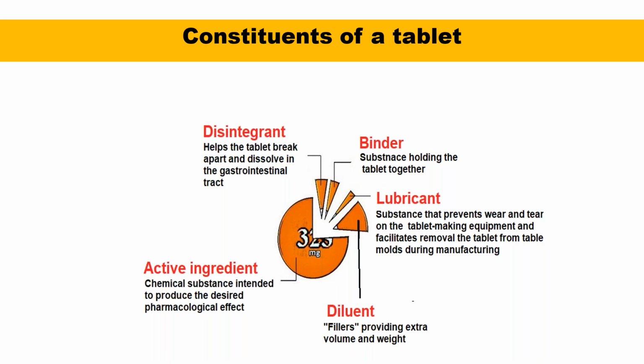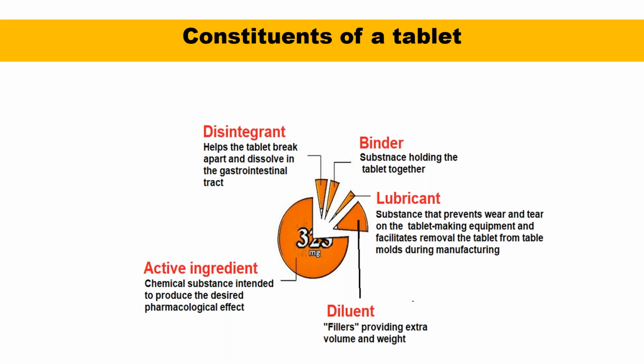Apart from that, the tablet may have a disintegrant, which helps the tablet to break apart and dissolve in the gastrointestinal tract. Many disintegrants act by absorbing water and splitting the tablet into many small pieces. The most widely used example of a disintegrating agent is starch.